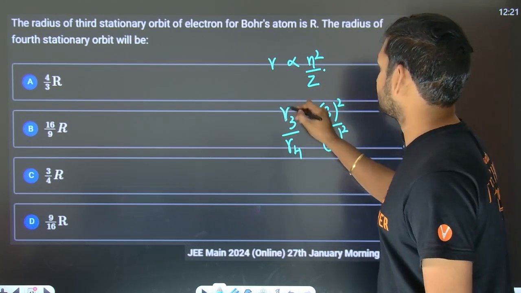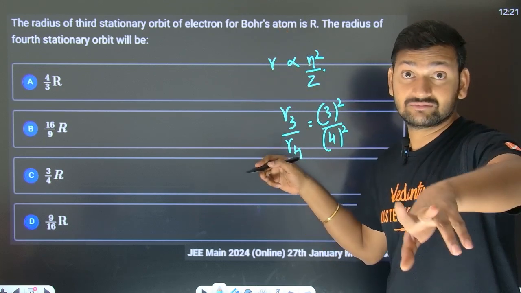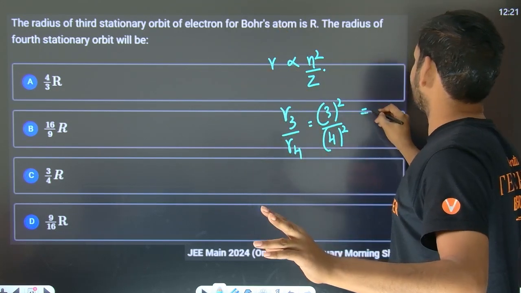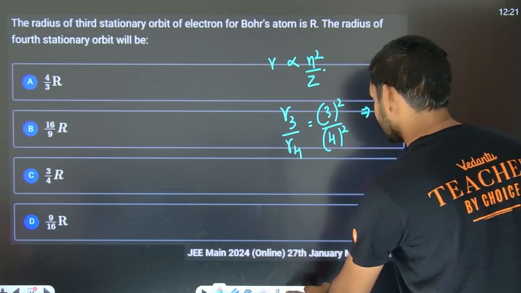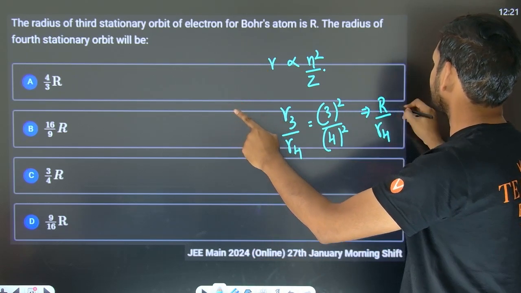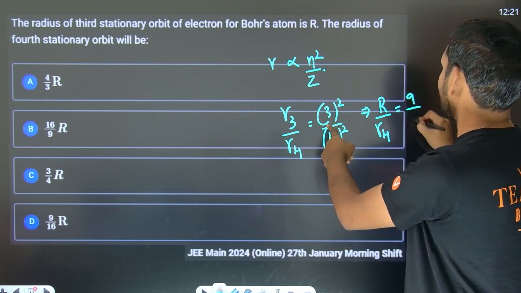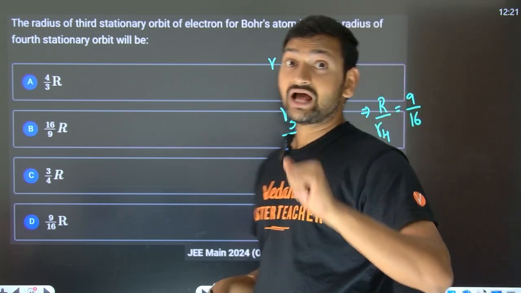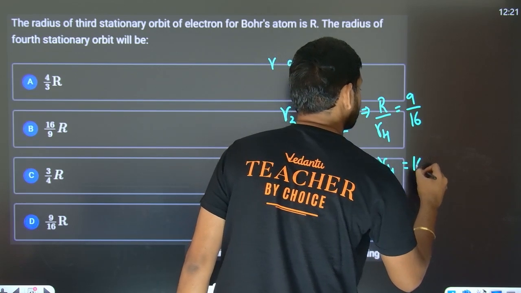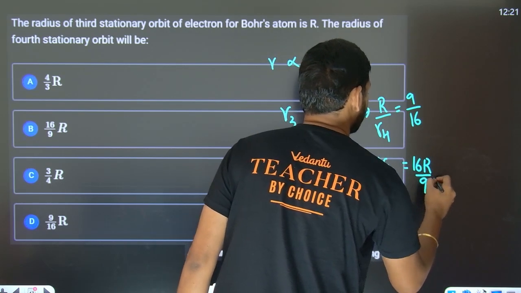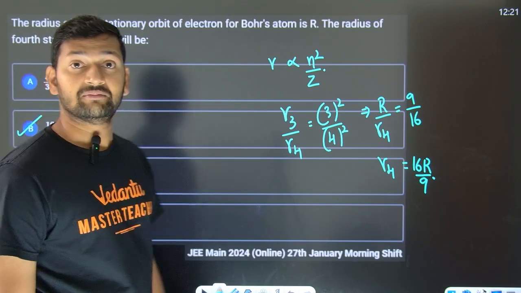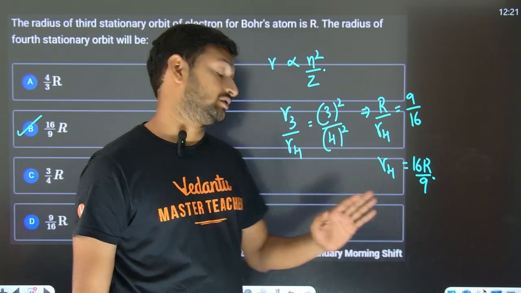I won't bother about Z because we are talking about the same atom; in the same atom, third and fourth are compared. R3 is given as capital R, R4 we have to calculate. This is 9 and this is 16. Then the R4 value is 16 into R divided by 9. So which option? 16 into R divided by 9.